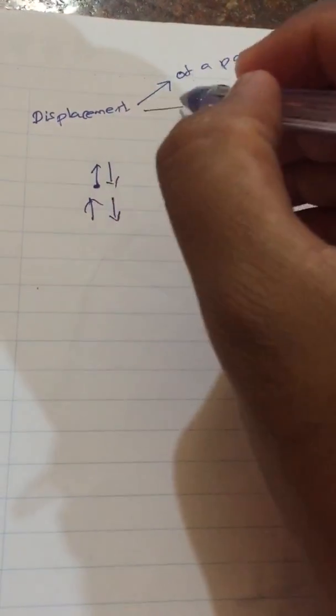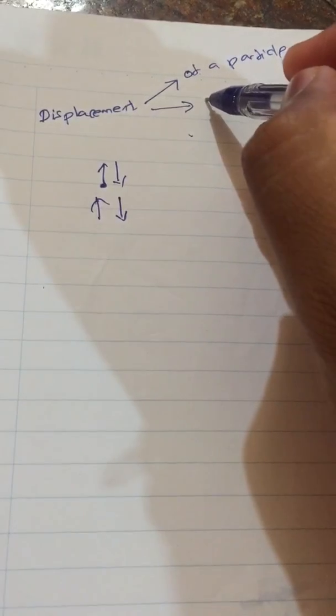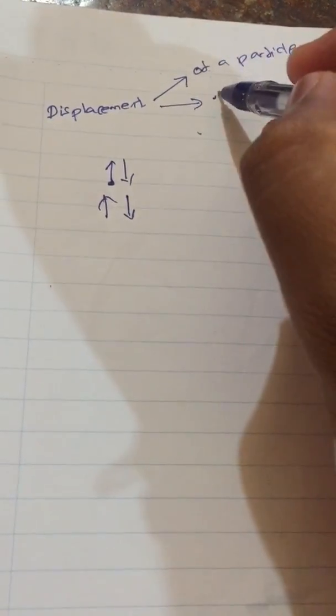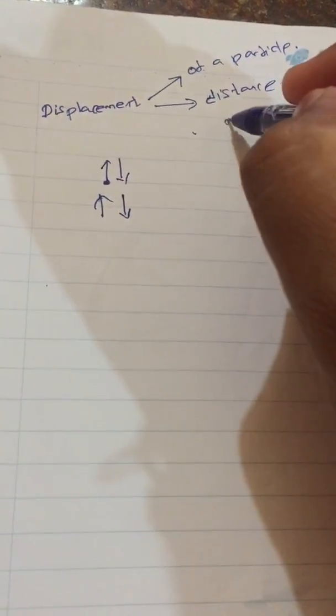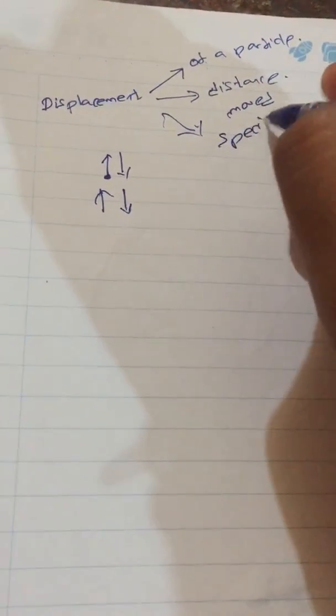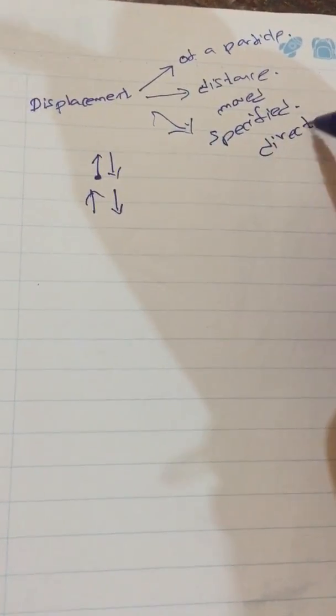So it is that of a particle, and displacement is the distance moved by a particle. Then there is the specified direction, so you have to state whether it is above or below, or right or left.